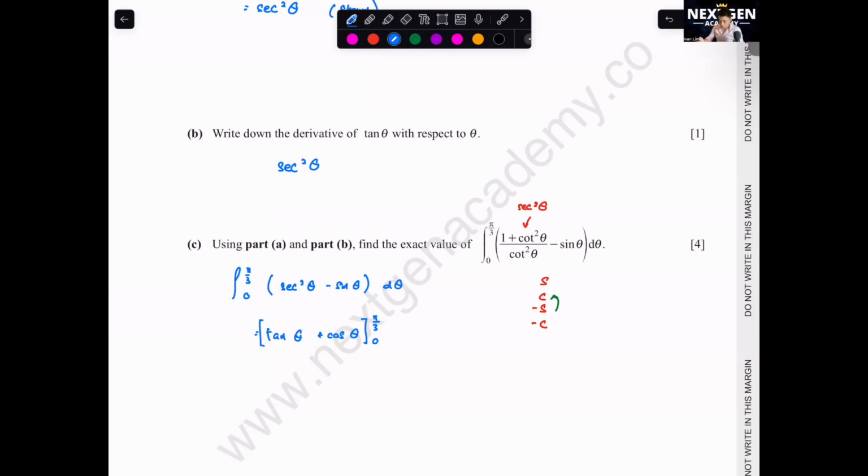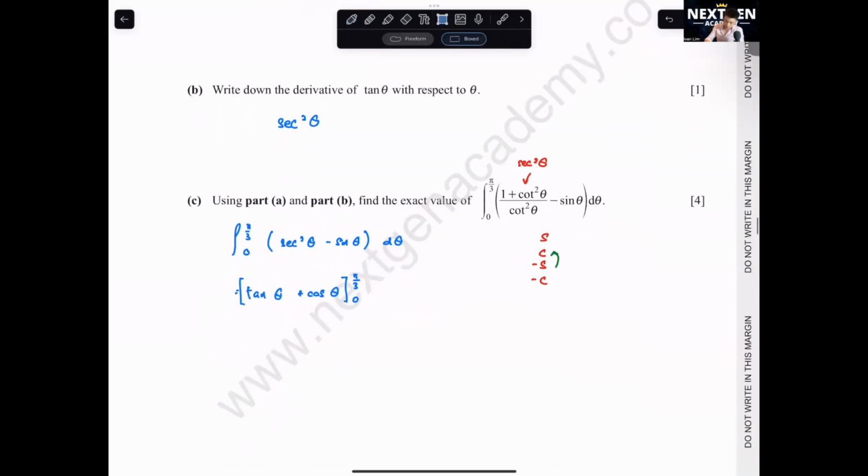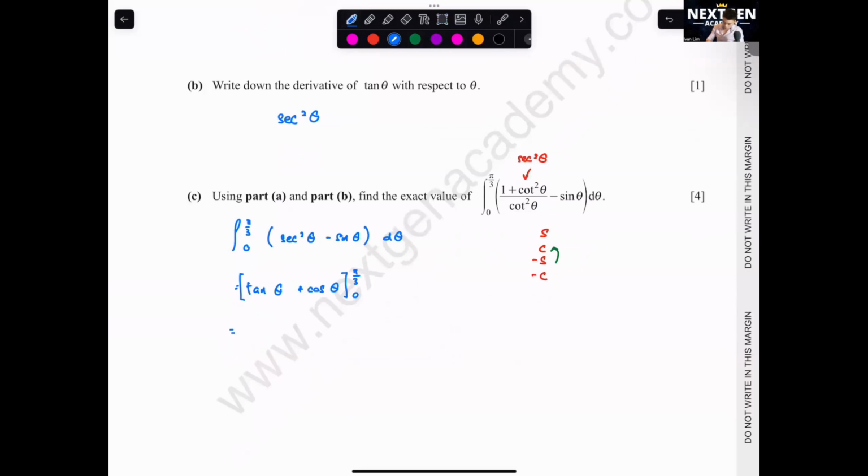This part here, you can do it without calculator, so it's a possible paper 1 question. You sub in the values: tangent pi over 3 plus cos pi over 3, minus tangent 0 plus cos 0.